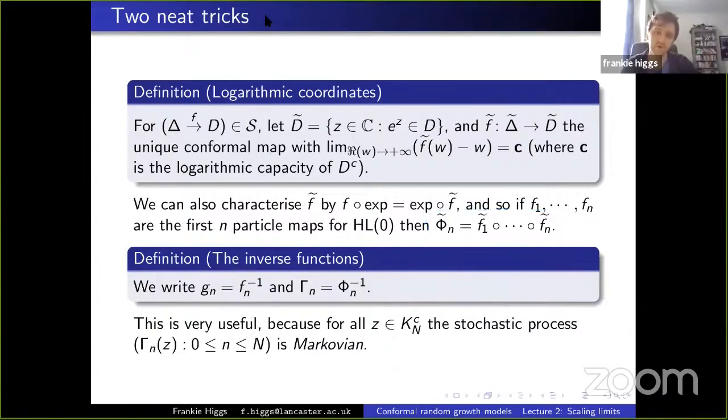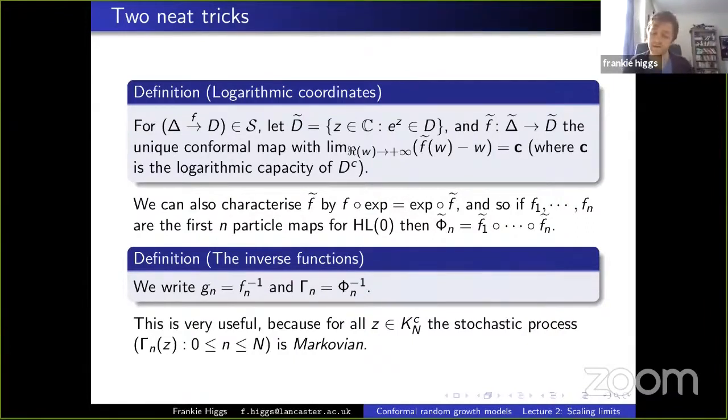And it's not, as we always have, a Markov process in the space of clusters. It's a Markov process in the complex plane. And so this lets us say quite a lot about the evolution of points, how they move around. And when we're trying to bound the distance of a point from the same point evolving under the limit map, so evolving under the map corresponding to the disk, this is very powerful.